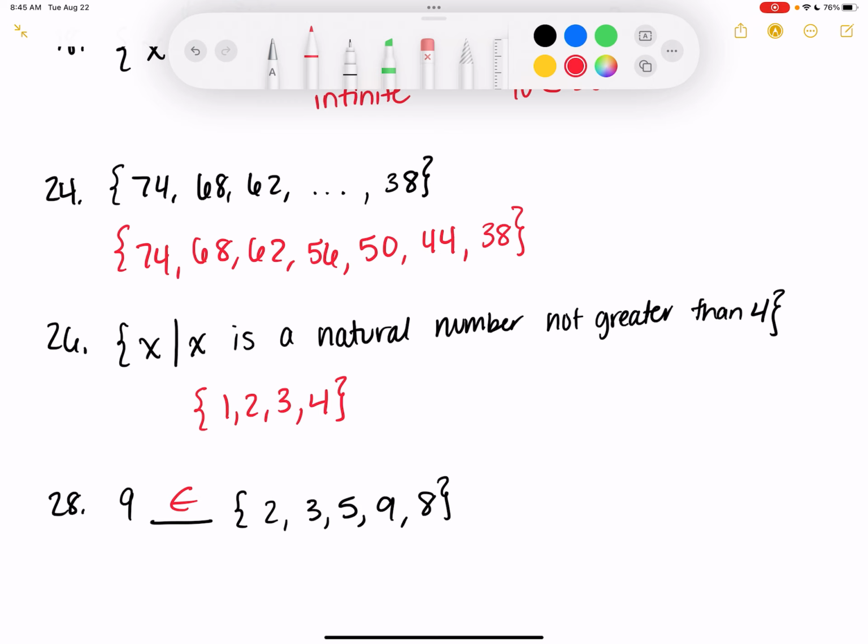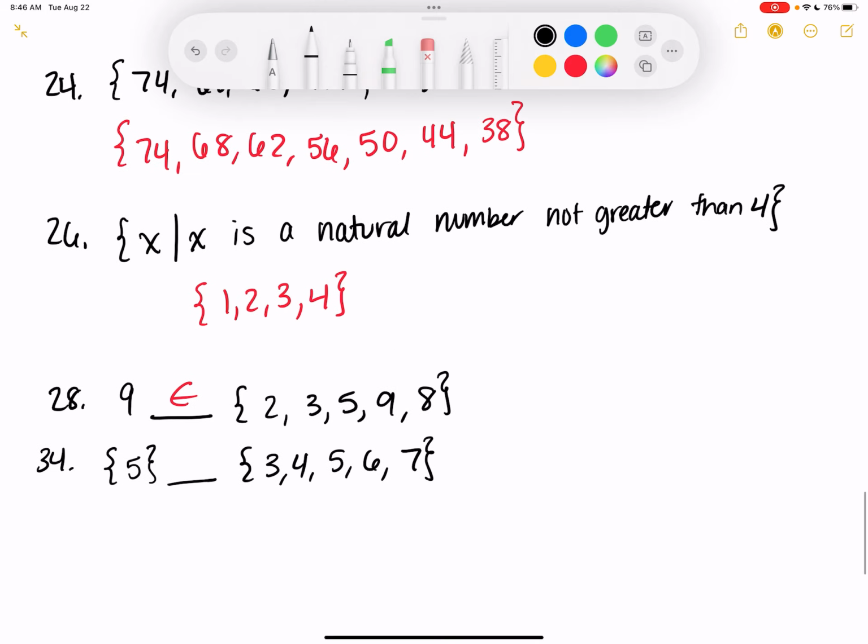Now, this next one, 34, is the set of 5 blank, the set of 3, 4, 5, 6, 7. So is the set of 5 an element of the set 3, 4, 5, 6, 7?